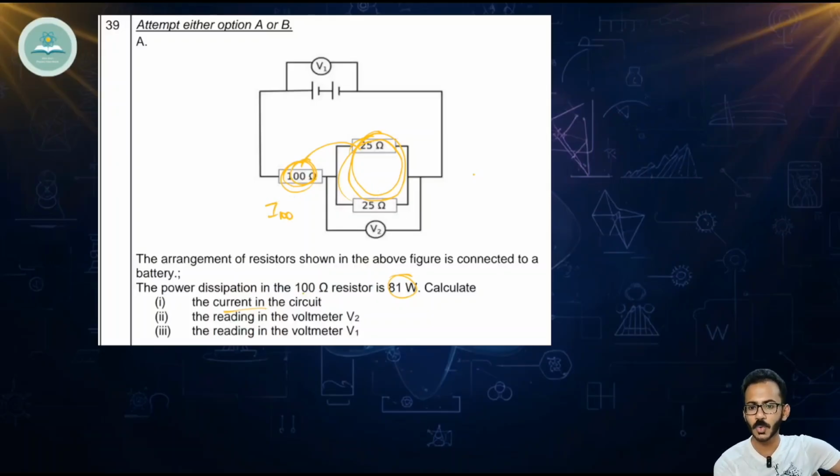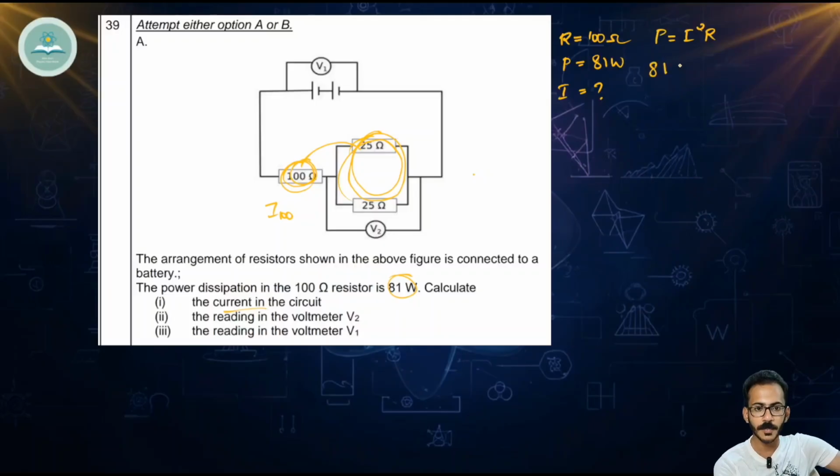So for that, first of all, we have the resistance. Resistance is equal to 100 ohm, and the power is given as 81 watt. We have to calculate the current. We know the equation connecting R, P and I, that is P is equal to I square R. Let me substitute the values.